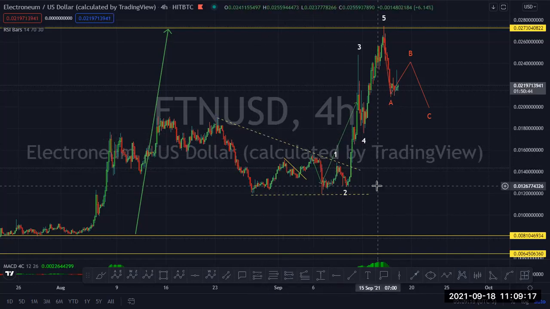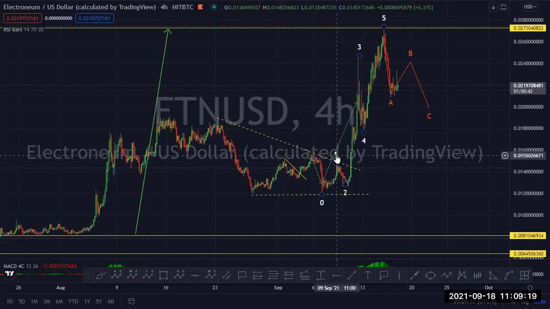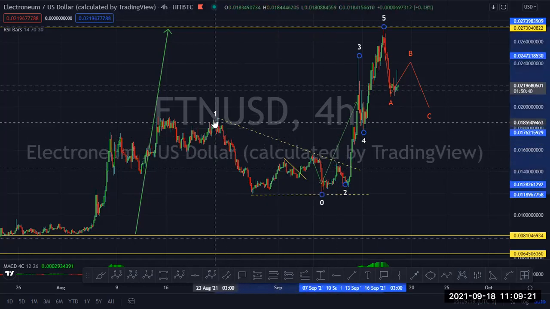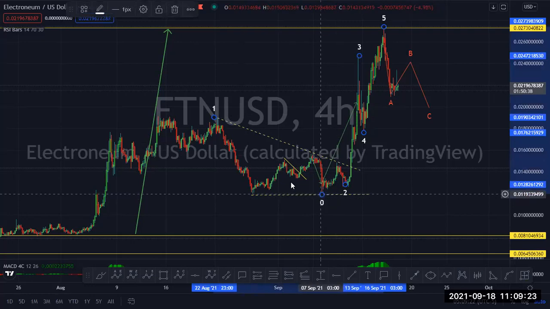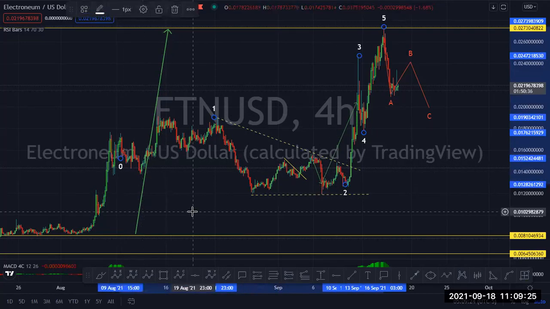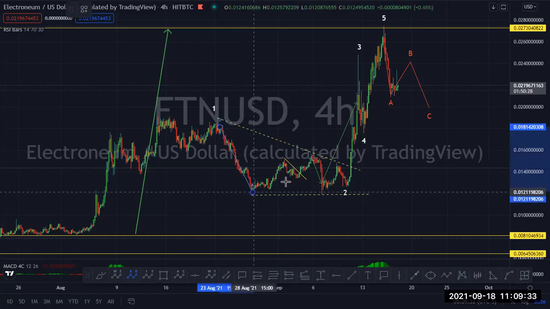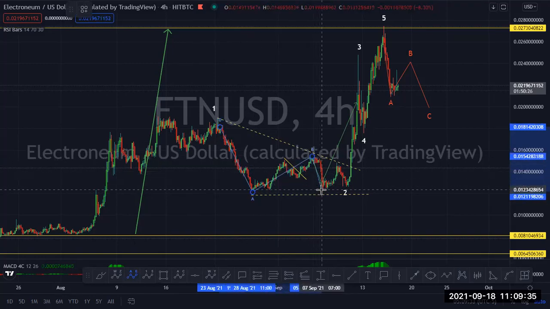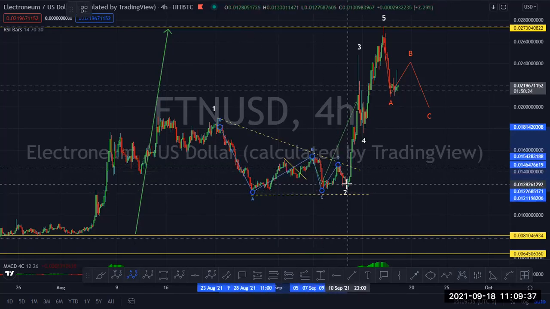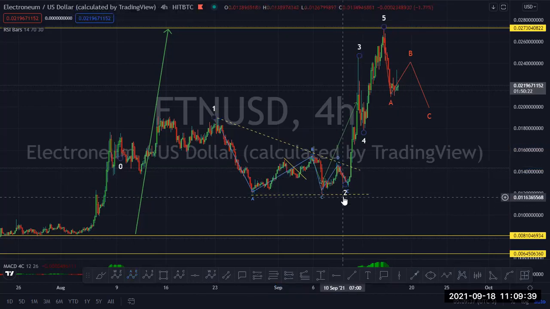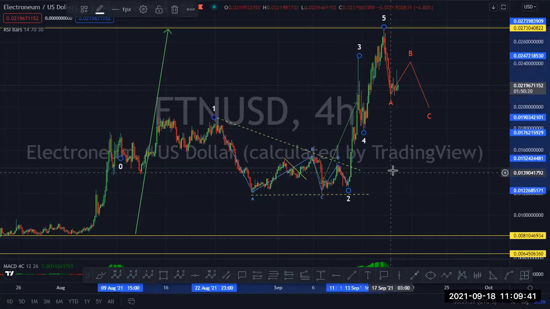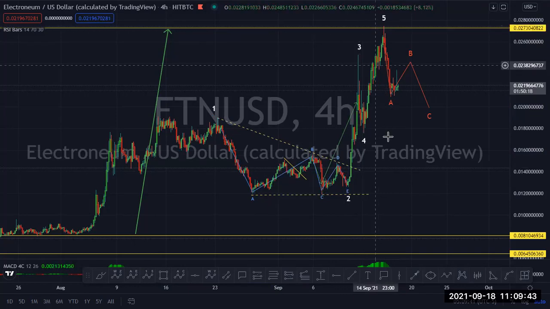This wave 2 is a triangle. So we are given wave 3, wave 4, wave 5.